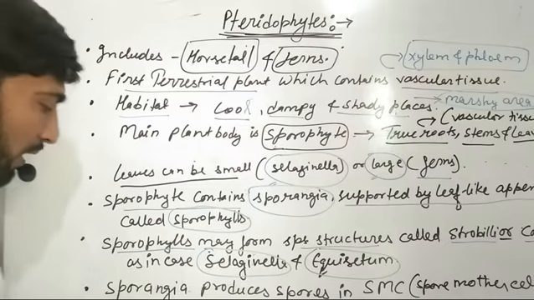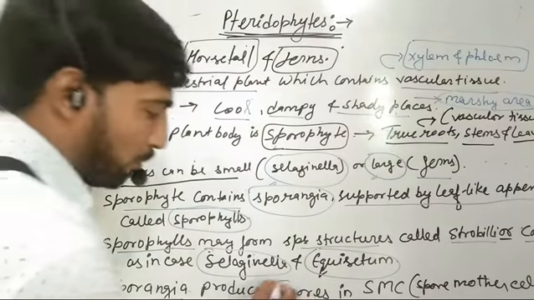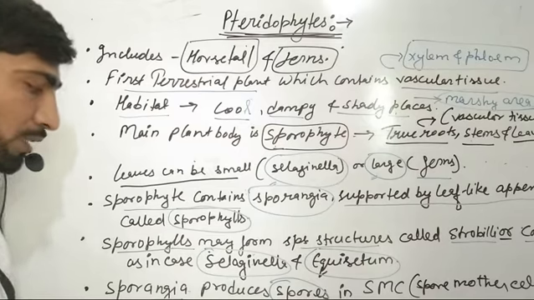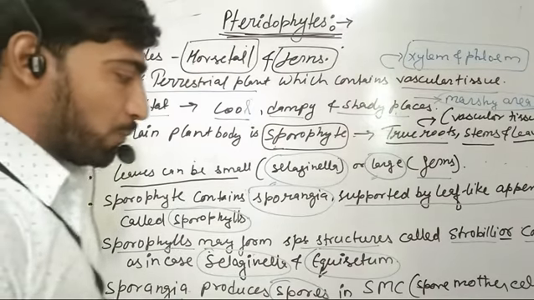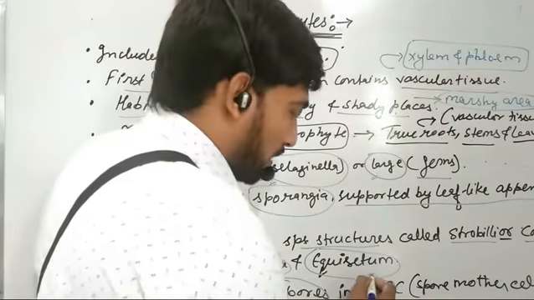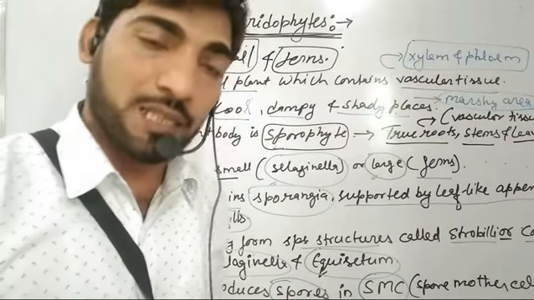Further, the sporangia produce spores. Spores are produced in sporangia by the spore mother cell, that is, SMC.